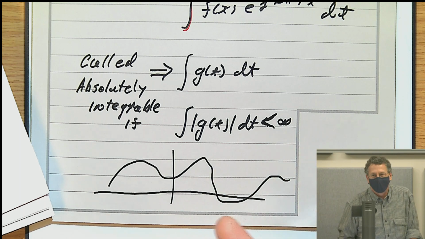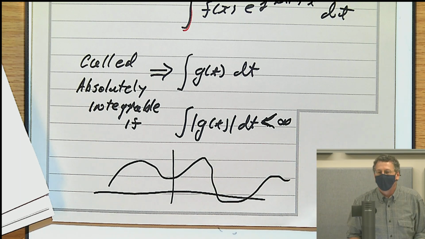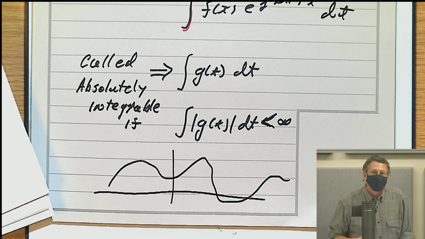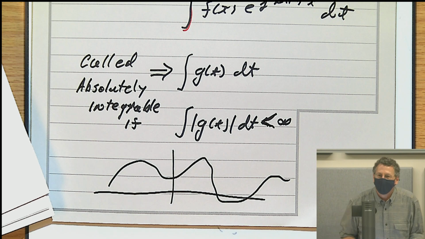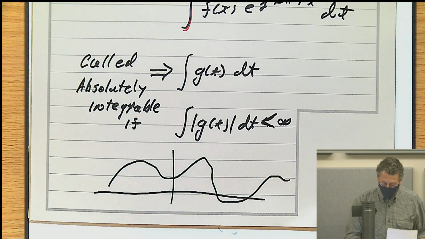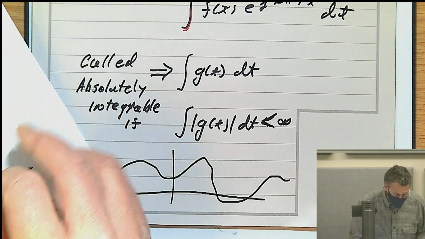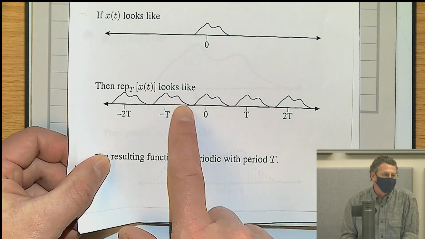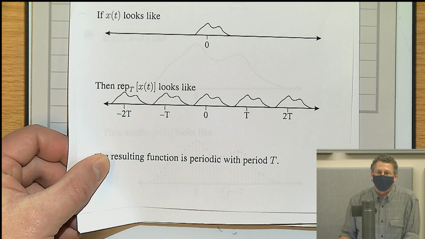We know it's not absolutely integrable because it drops off as 1 over t, and we know that the integral of 1 over t is not integrable. Everybody knows that. So I just want to warn you that there's some sketchy stuff going on here. It's been made rigorous by mathematicians, thank you very much, but we're not covering all those details. So this function is definitely not absolutely integrable because it doesn't decay.